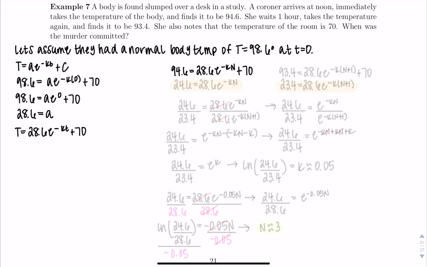We can simplify this one a little bit. Let's subtract 70 from both sides. That's 24.6 equals 28.6 e to the negative kn.